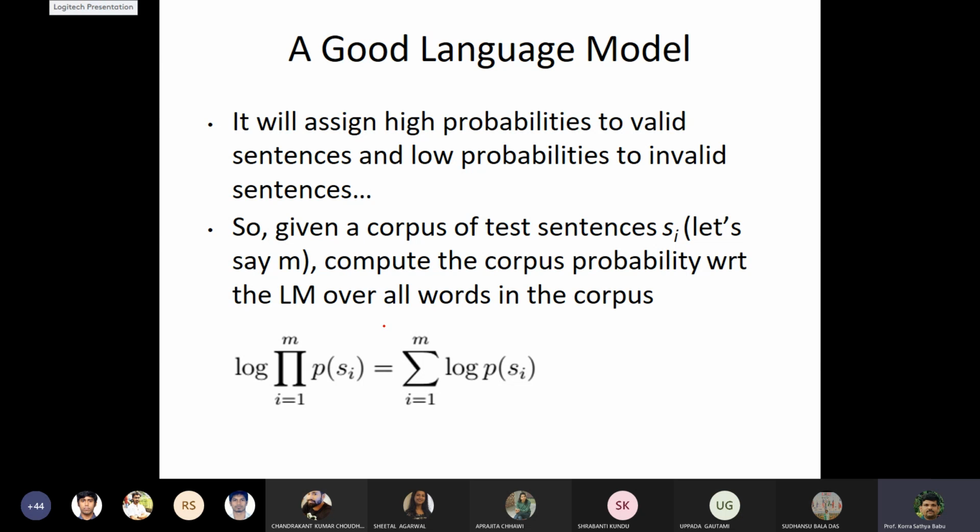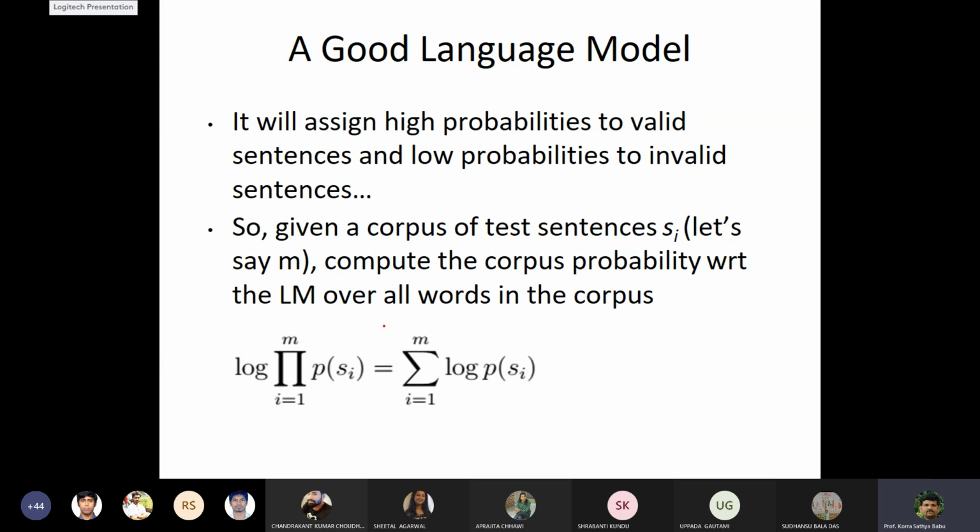So given a corpus to test some sentences, for example sentences Si, let us assume that there are m sentences like that. We want to compute the corpus probability with respect to the language model over all the words in the corpus.